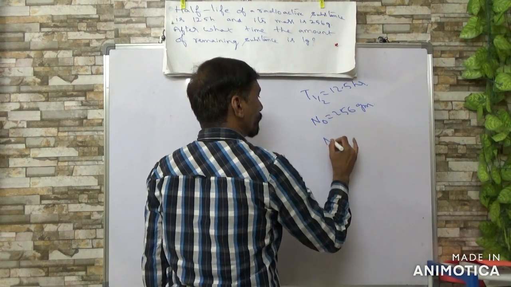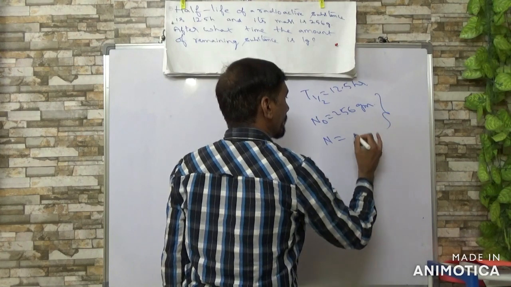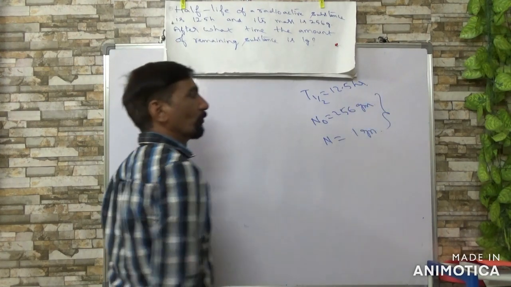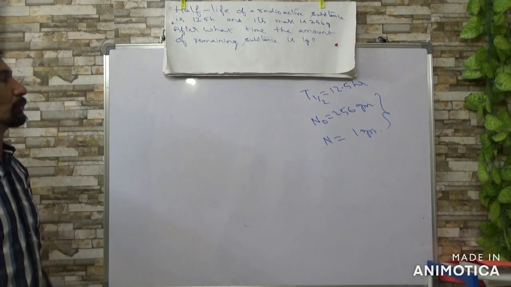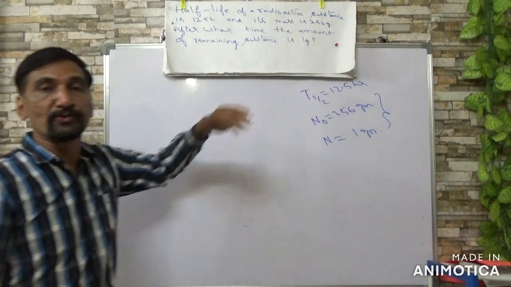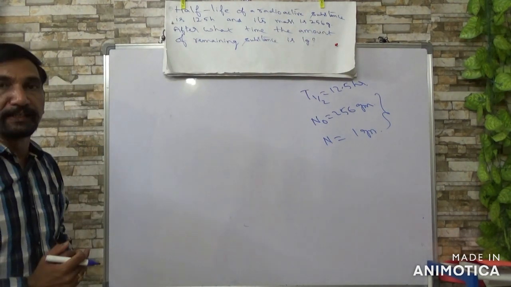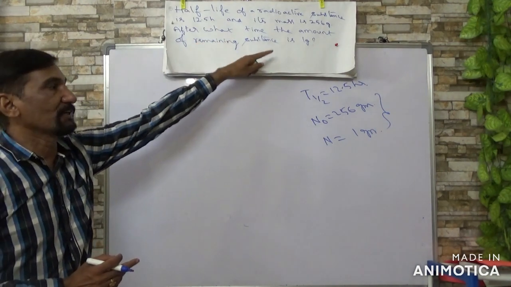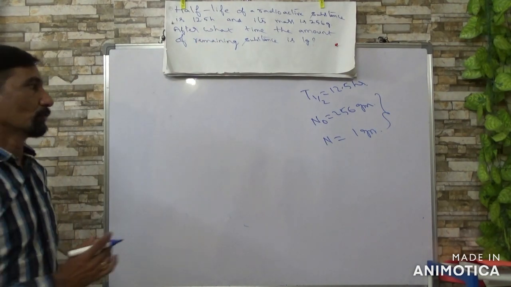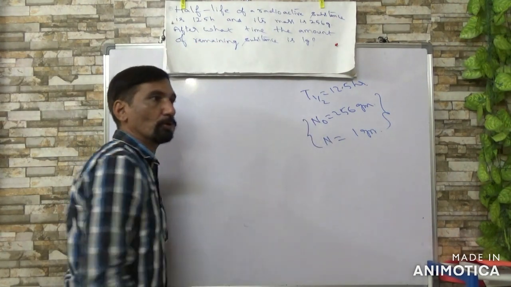Okay, so you want to find the time taken to get only 1 gram. So 256 grams of a radioactive sample disintegrated so that only 1 gram is left. So the time taken is what you want to find.